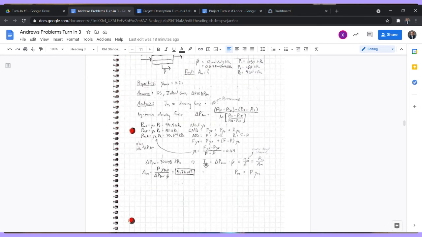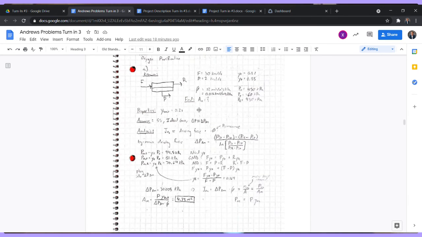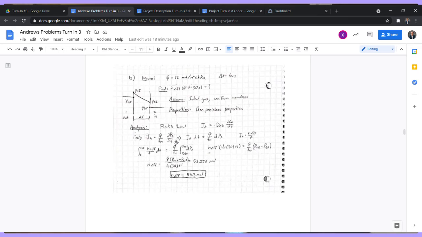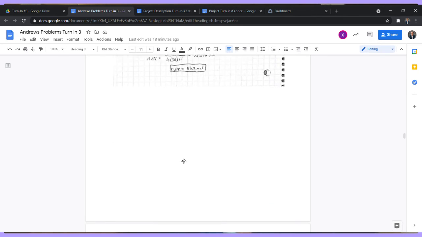So once we had this flux, we could determine the area by analyzing the outlet permeate stream. This then led to our transient analysis, in which we found the moles fluxing at the given time of 30 seconds by using Fick's law, further deriving it, separating, and then integrating.